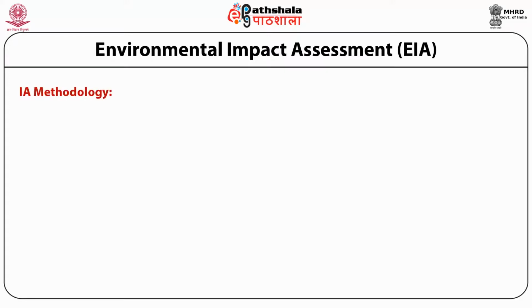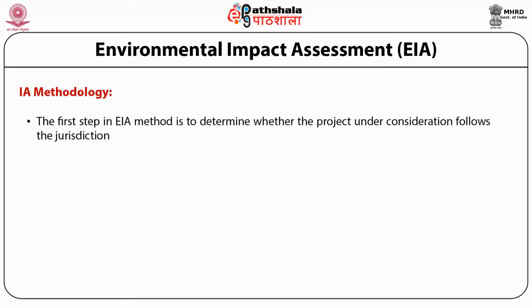Whenever a new development project is planned which is likely to affect environmental quality, it is necessary to carry out the EIA, that is, the environmental impact assessment procedure. The first step in the EIA method is to determine whether the project under consideration follows the jurisdiction of the relevant acts and regulations, and if so, whether it is likely to create a significant environmental disruption.